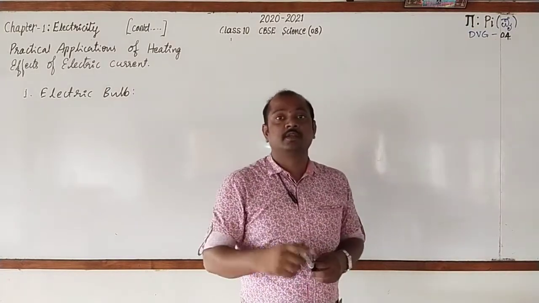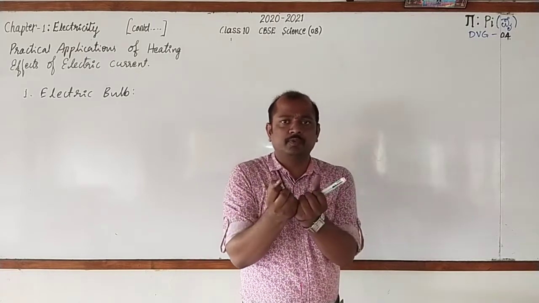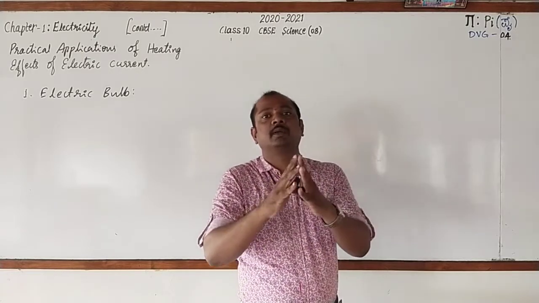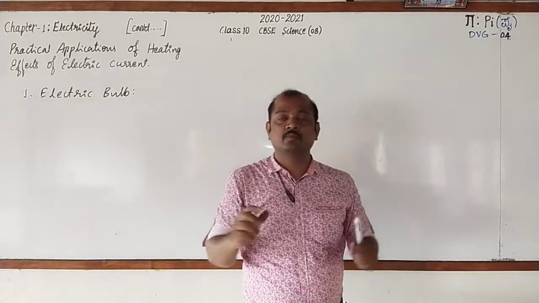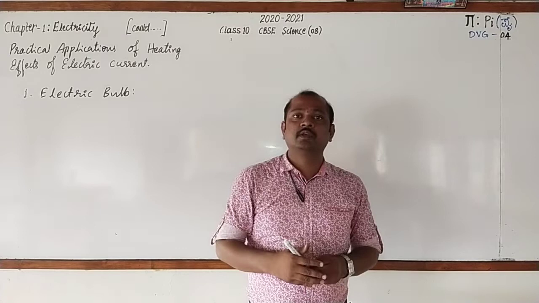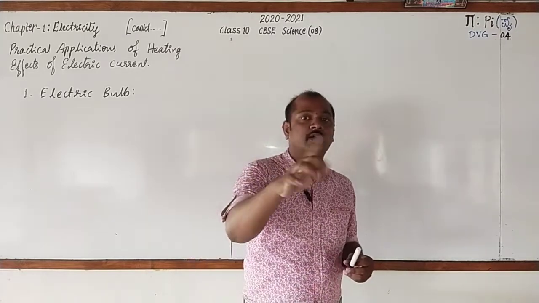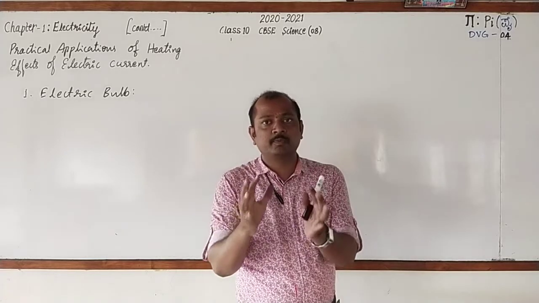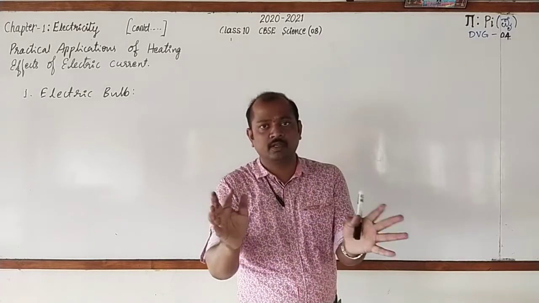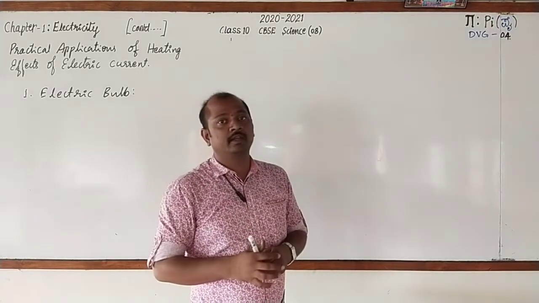It is tungsten. Though that much amount of heat is produced, the bulb does not burst. Why? It is because the bulb is filled with chemically inactive gases like nitrogen or argon. So these will protect the bulb from bursting, or these gases will give long life to the electric bulb.